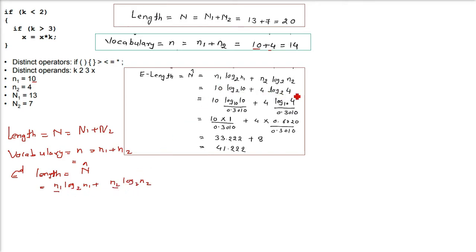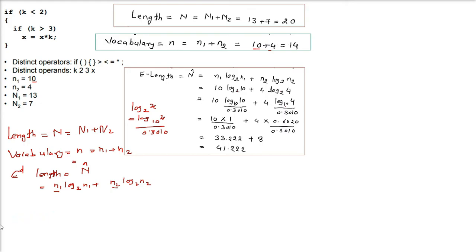So we have to convert this log base 2 to log 10. Most scientific calculators won't calculate log base 2. For that you have to change the log to base 10 and divide it by 0.3010. See the base I have changed and just divided by 0.3010. Log base 10 of 10 is 1, and log base 10 of 4 is 0.6020. Computed, it will be 41.222.